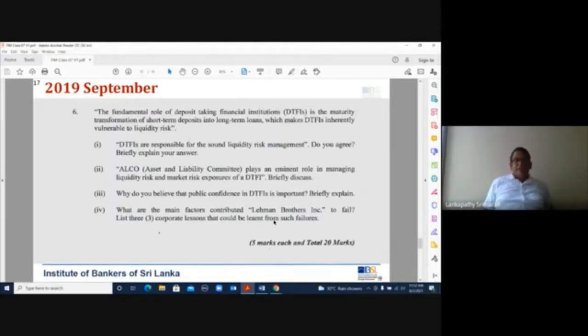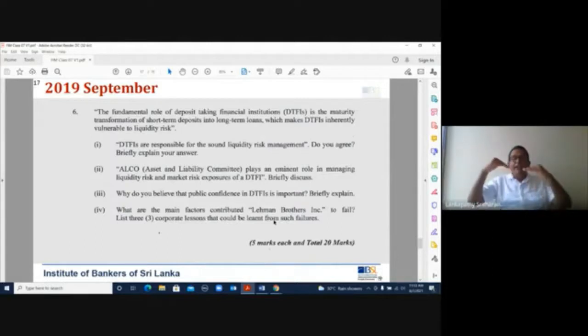The fundamental role of deposit-taking financial institutions is the maturity transformation of short-term deposits into long-term loans, which makes deposit-taking financial institutions inherently vulnerable to liquidity risk. Deposit-taking financial institutions are responsible for sound liquidity risk management.